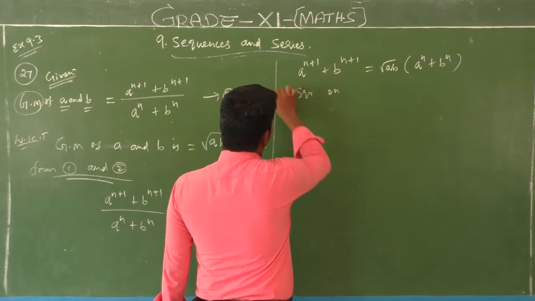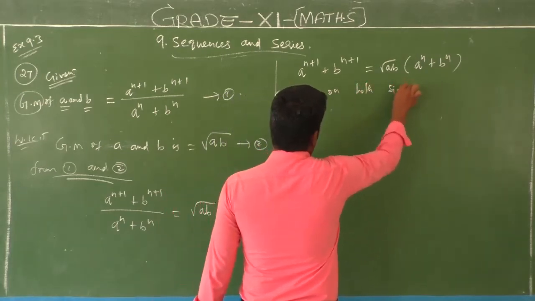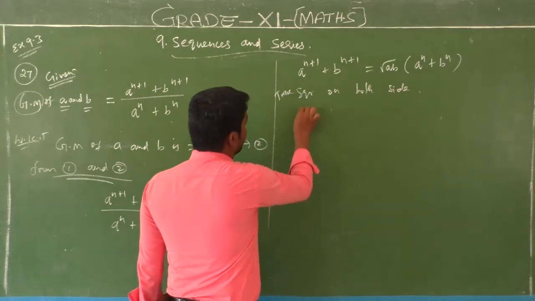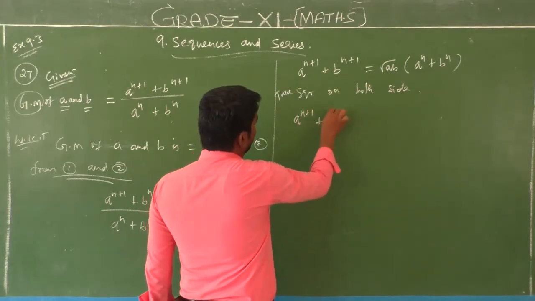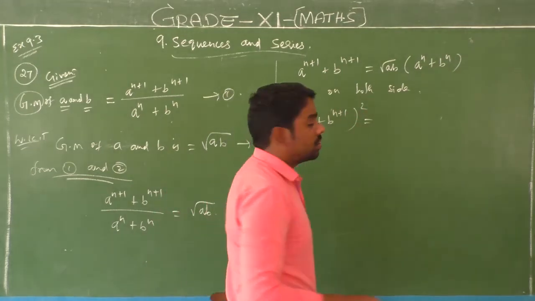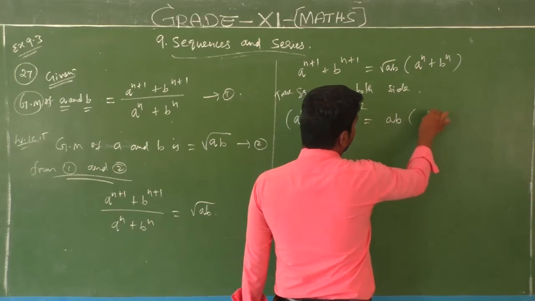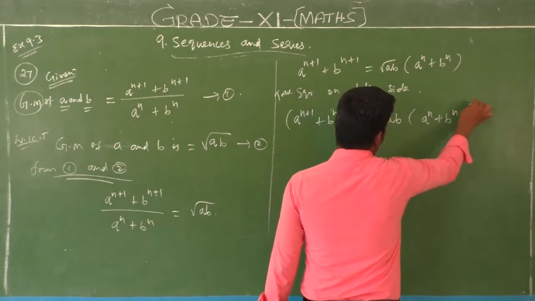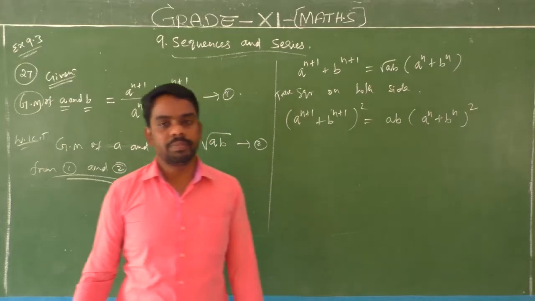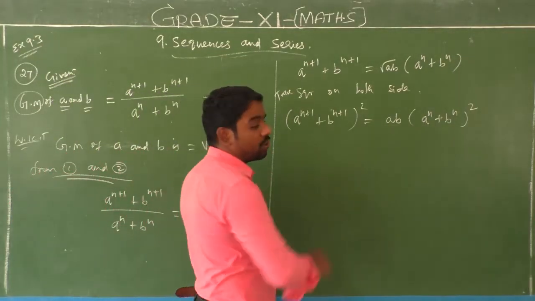Square on both sides. So (a^(n+1) + b^(n+1))^2 equals ab times (a^n + b^n)^2. Here we use the (a + b) whole square formula.